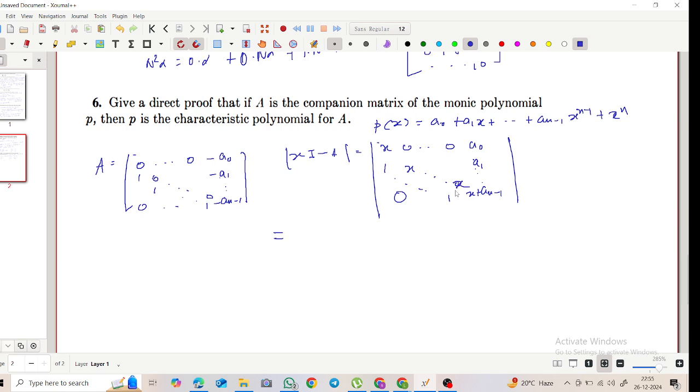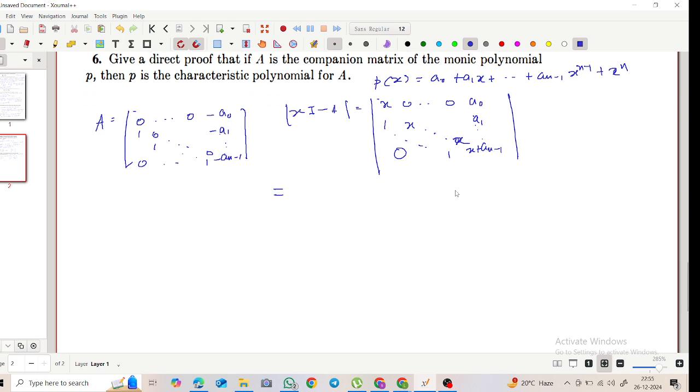Okay, now I am doing a transformation. So do this: write R1 prime equals R1 plus R2 x up to Rn x to the power n minus 1. So tell me, what do you get? So you are replacing row 1 by this, right?